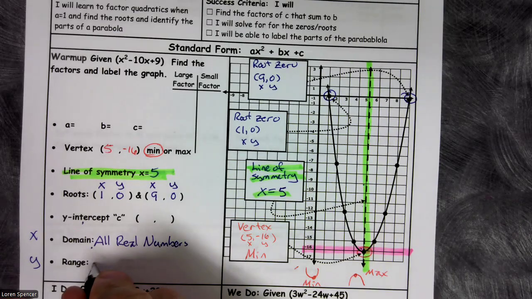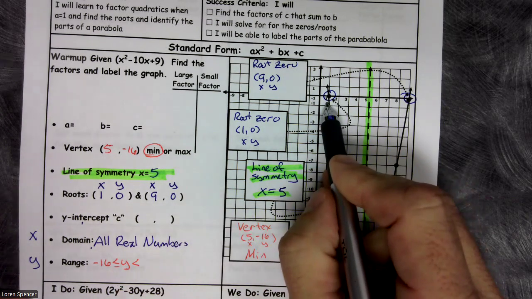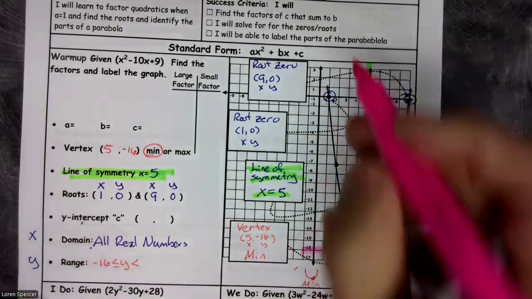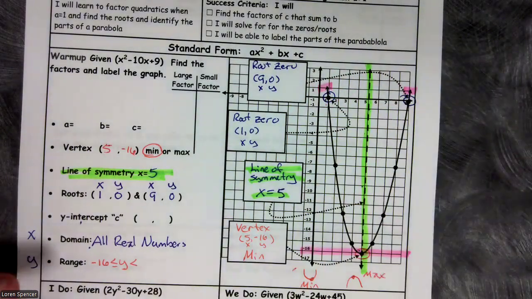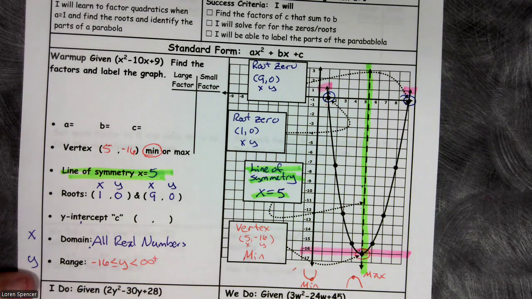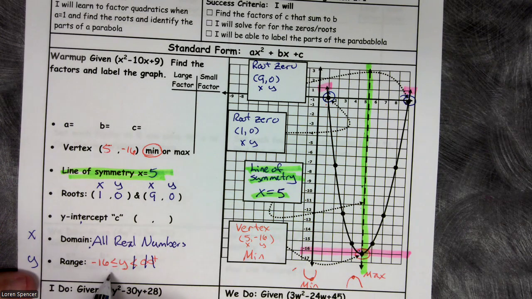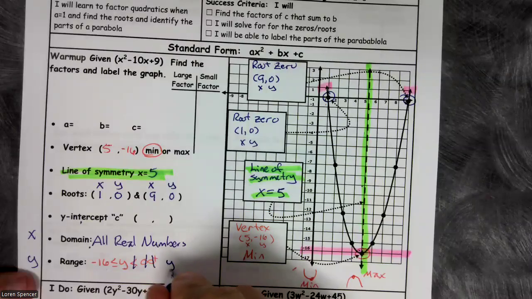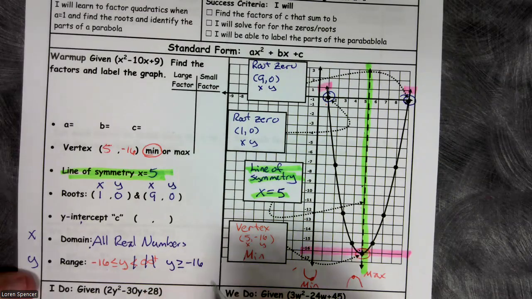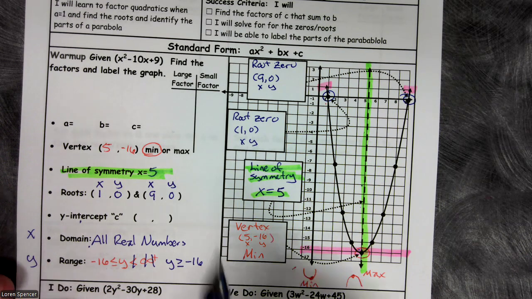So the range is negative 16 is less than or equal to y, is less than, and we have arrows. It's real important to notice these arrows because they tell me it's going to infinity. So we have less than infinity. It's actually going to positive infinity, but we never write this part. We only write this part, but really we need to flip it so that y is greater than or equal to negative 16, or y is all real numbers greater than or equal to negative 16, because that's probably the way it's going to show up on the STAAR exam.